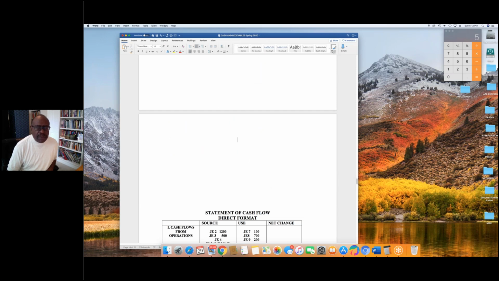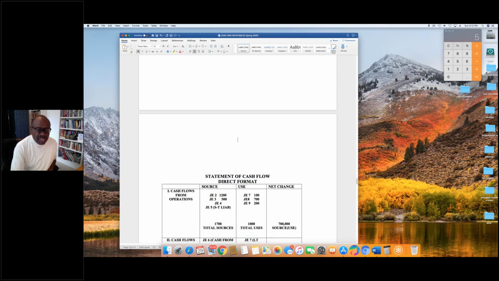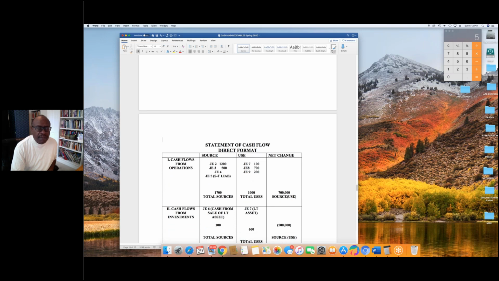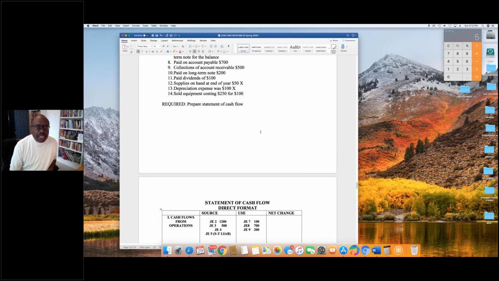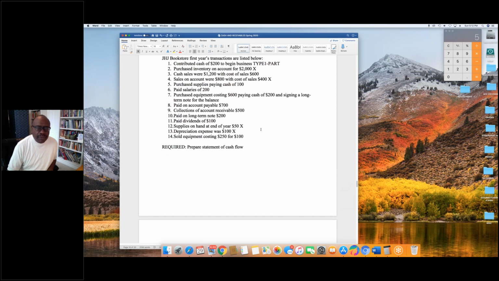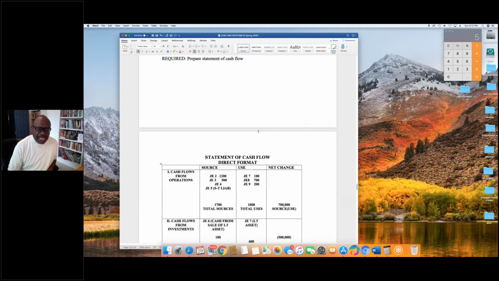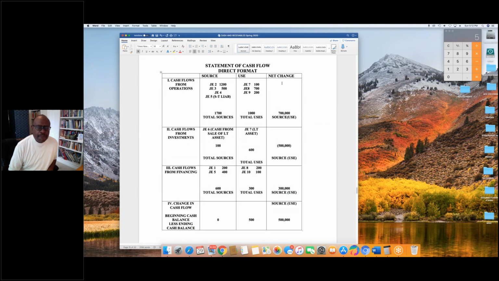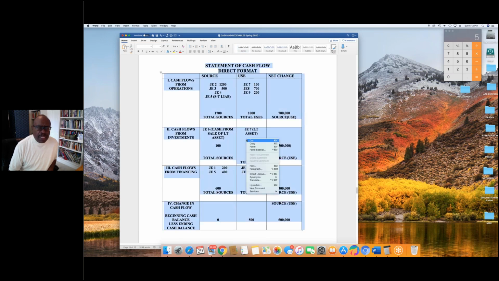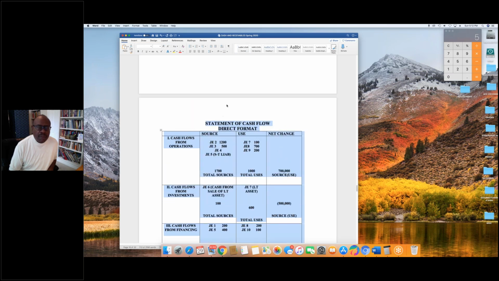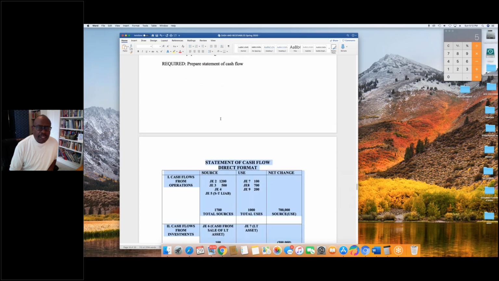So let me just go to the statement right quick. And let's put this first transaction in. What I'm going to do, I'm going to copy this, and I'm going to paste it here.